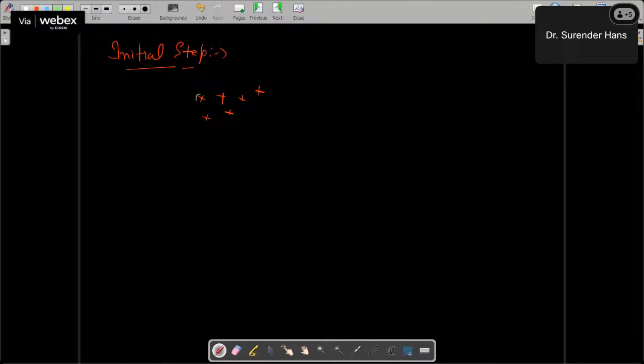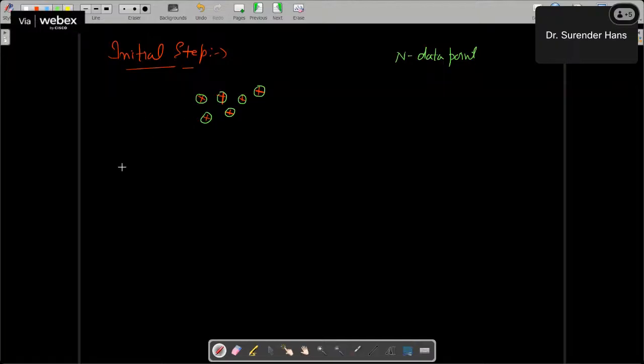This is one cluster, this is another cluster, and this will be our next cluster. For example, if we have n data points, we assume n individual clusters in the initial step.